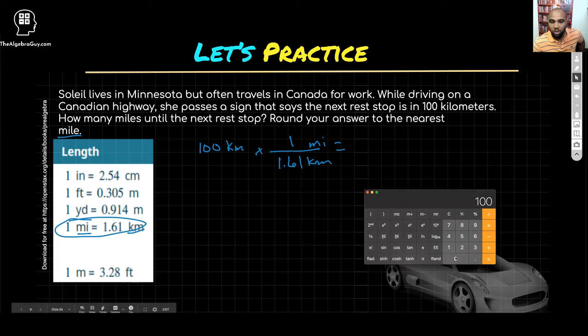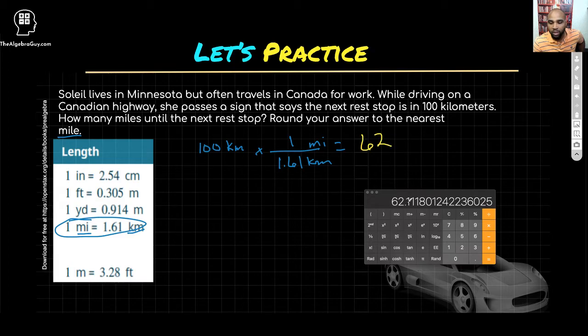I'm going to do 100 divided by 1.61, and they want us to round to the nearest what? Mile. So that means the whole mile. So we're going to say that's about 62 miles, because the next number over is a 1, which keeps this 2 the same. So it's 62. We're going to say it's approximately, we don't want to say it's equal, approximately 62 miles.